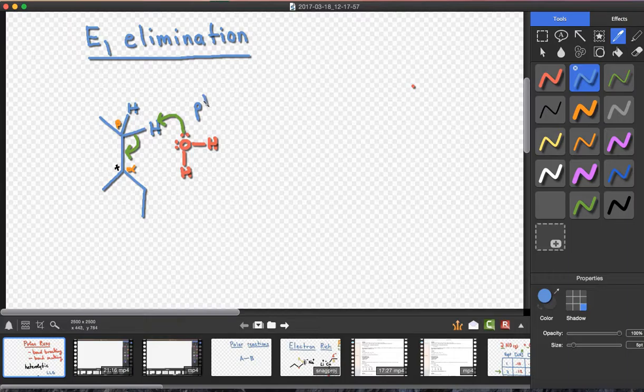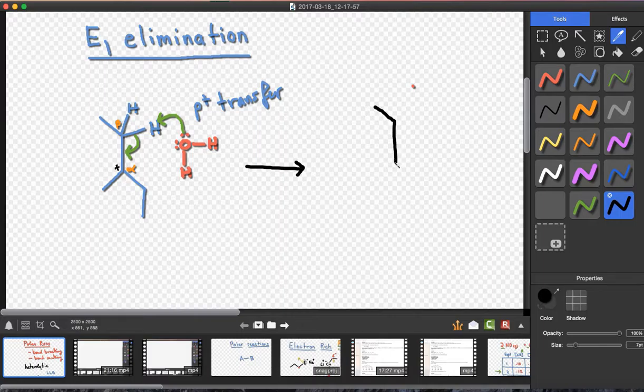So proton transfer is a second mechanistic pattern that we observe in polar reactions. Remember, loss of a leaving group or heterolysis was the first of those patterns that we discussed. Regardless of what you label the pattern as, you could call this an acid base if you wished.